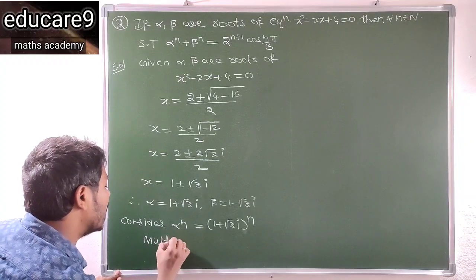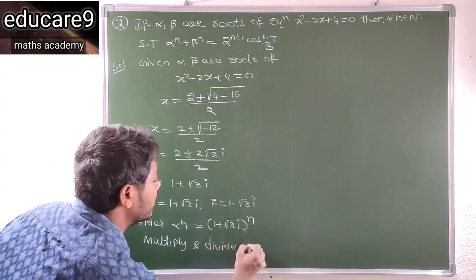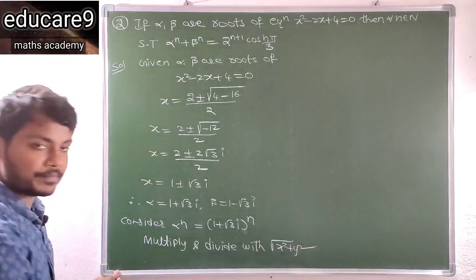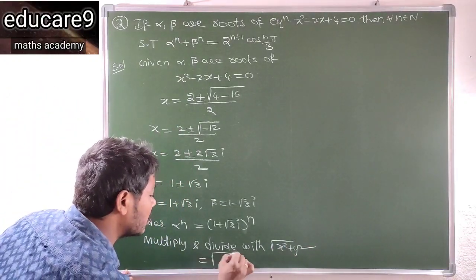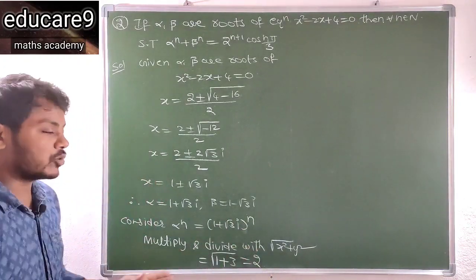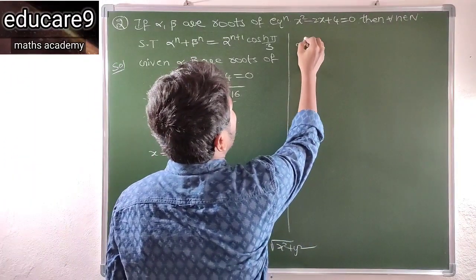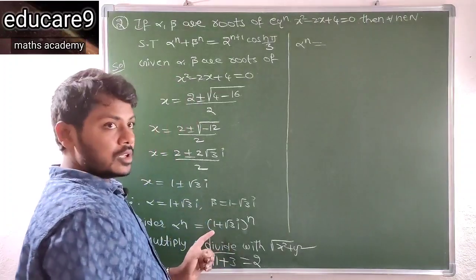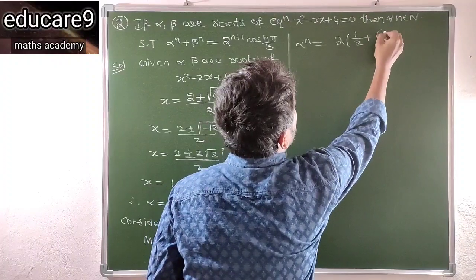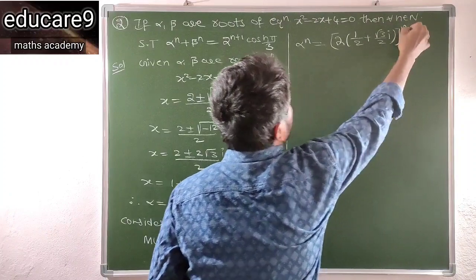So clearly that is the square root of 1 plus root 3 whole square, which is 4, so 2. So you have to divide and multiply with 2. So alpha power n is equal to 2 times (1 by 2 plus root 3 by 2 i) whole to the power of n.